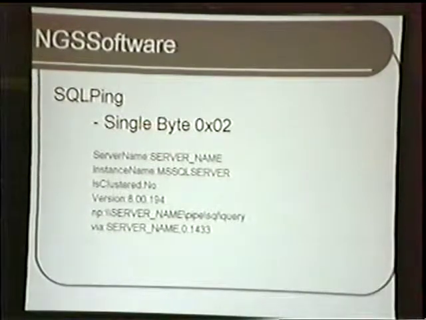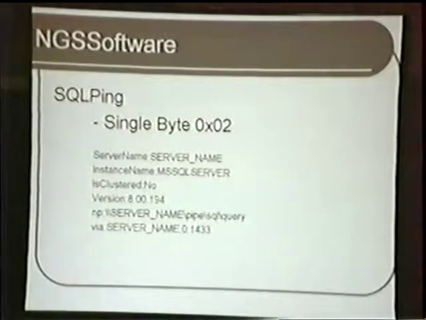Now, in terms of named instances, this is something that was introduced with SQL Server 2000. You can have multiple instances of SQL Server that use different names like foo and bar, and you would use SQL name resolution to determine which one to connect to.